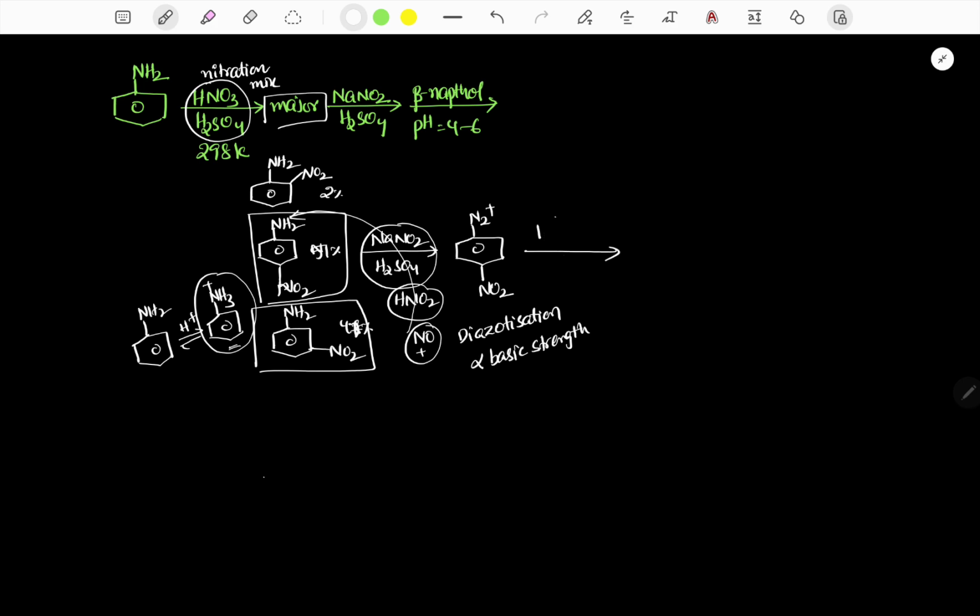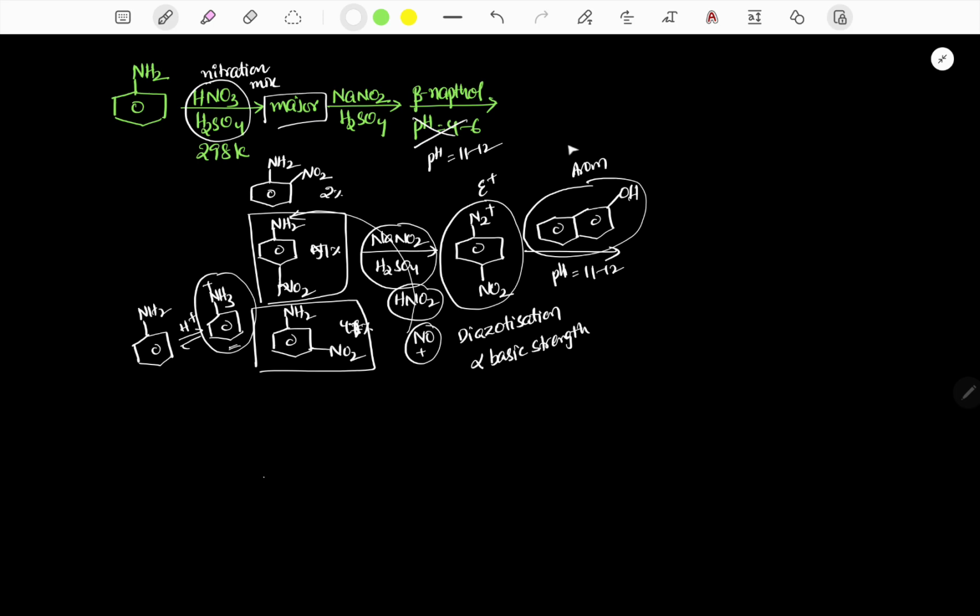Now it is treated with beta naphthol. It should not be acidic medium, it should be basic medium, pH 11 to 12, because phenol coupling reaction happens in basic medium only, so slightly basic medium. Beta naphthol is an aromatic compound and diazonium salt is an electrophile, so we expect electrophilic aromatic substitution, and this reaction is known as coupling reaction.